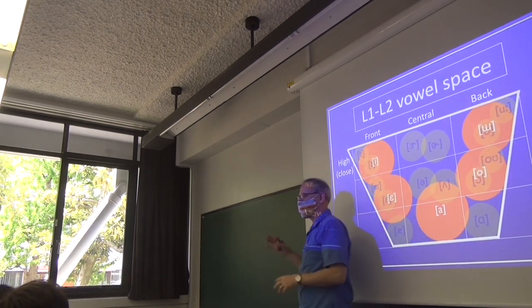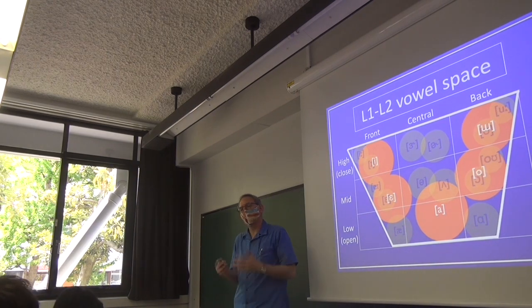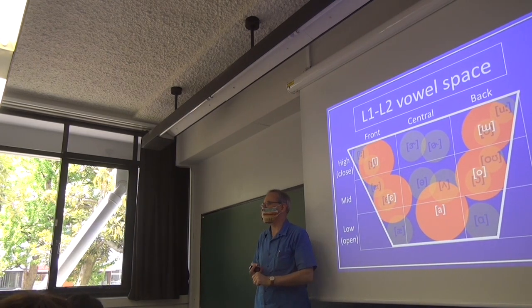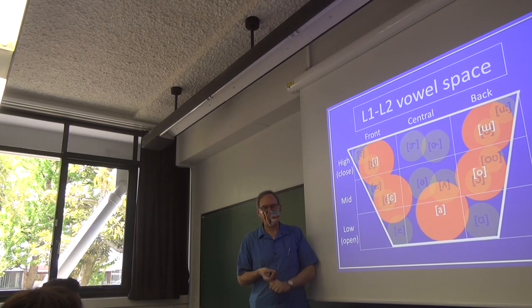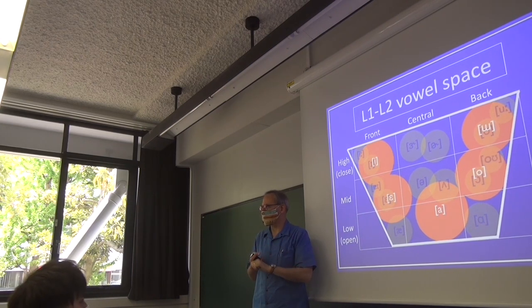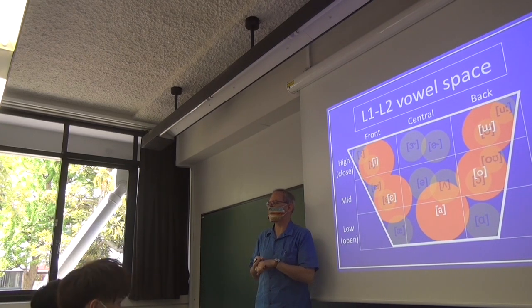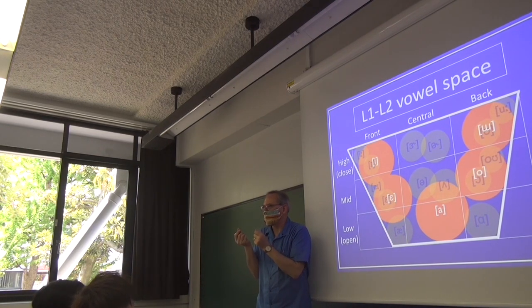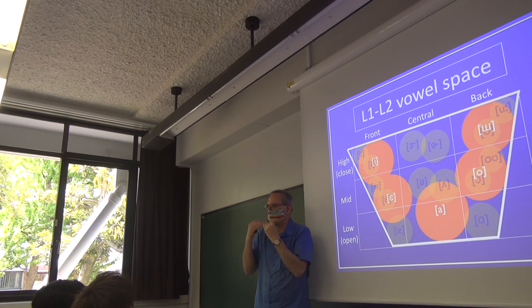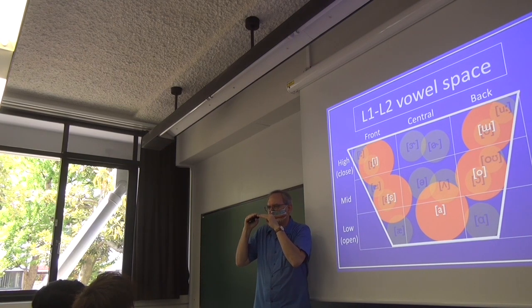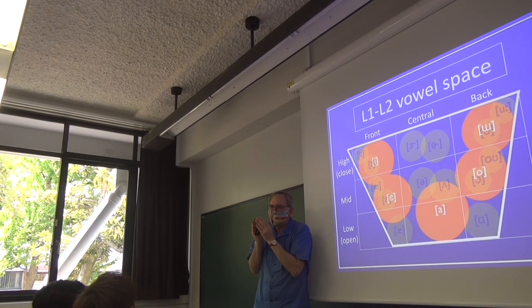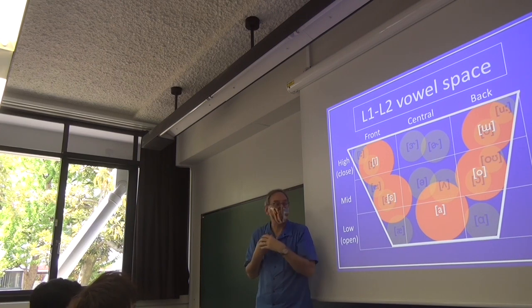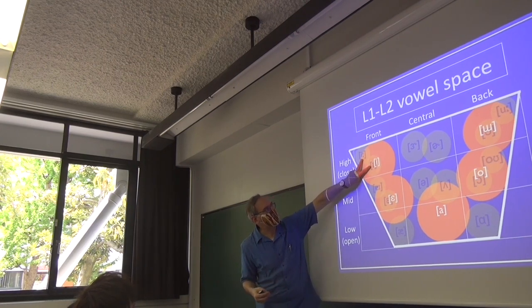The difference between high and mid is not usually difficult. The tense distinction is often difficult, not the length part. The length part is usually easy. The hard part is to get the slightly less high, slightly less front tongue position, the difference between these two.